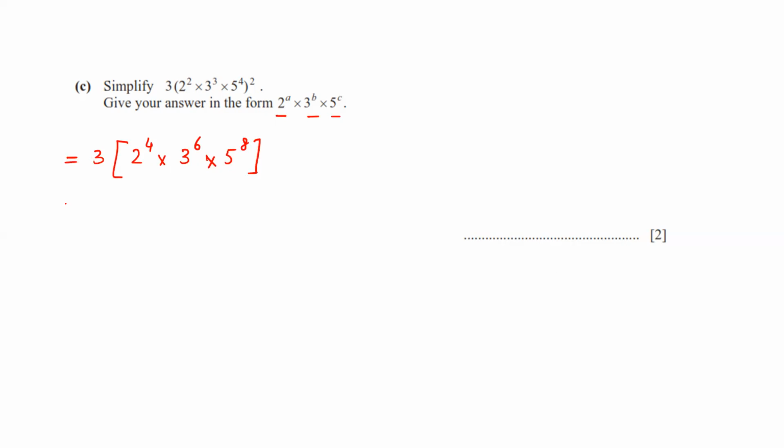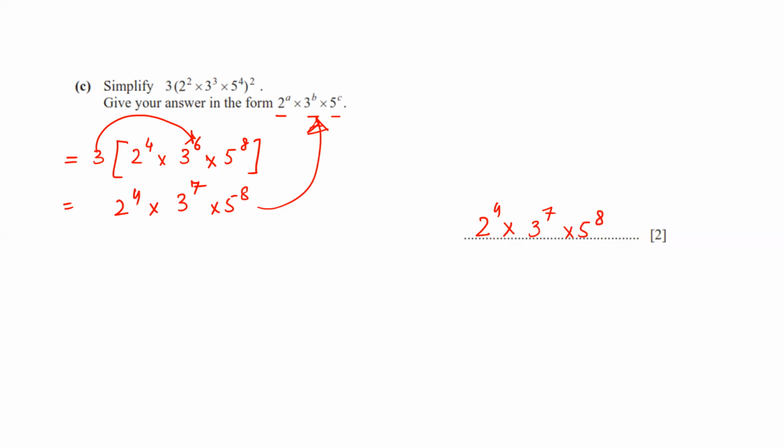So this is what it becomes. And this 3, I will multiply, add 1 here. So 2 power 4 multiply by 3 raised to power 7 multiply by 5 raised to power 8. And this thing is in the similar form as this. So I will write this form here: 2 raised to power 4 multiply by 3 raised to power 7 multiply by 5 raised to power 8.